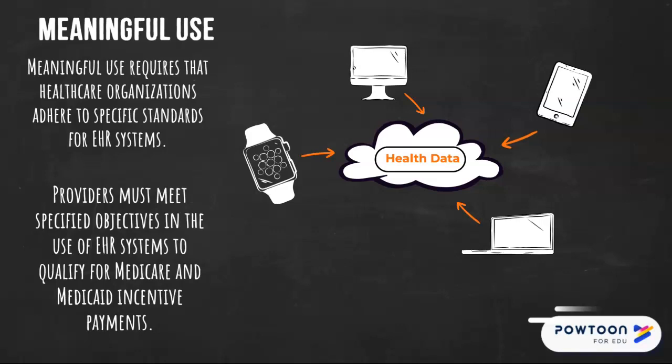A large portion of the United States population receives health insurance coverage from either Medicare, which covers older patients, or Medicaid, which covers patients who are unable to get health insurance on their own due to financial issues. So the way that meaningful use has impacted the way that we give care is pretty substantial.